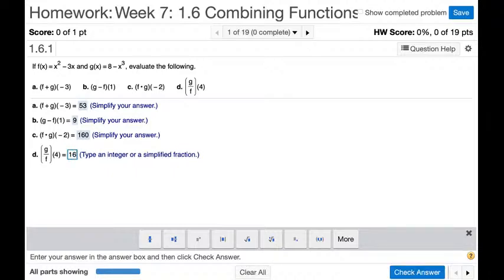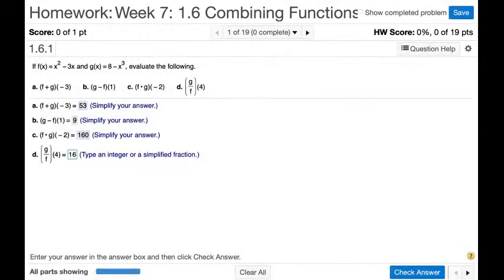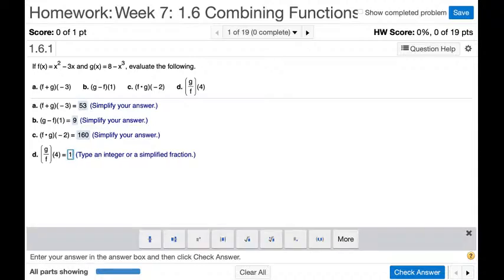Let's try it again. So g of 4, 4 times 4 is 16, times 4 is 40 plus 24 is 64.